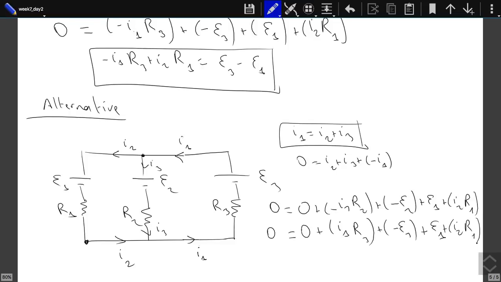Well, let's compare. Before we had this equation on the top. Now we have this equation. Here we had minus I1 R3. Now we have I1 R3. I1 changed its sign. Then we have minus epsilon 3, plus epsilon 1, plus I2 R1. So everything is equal. The only difference is I1 has changed its sign.